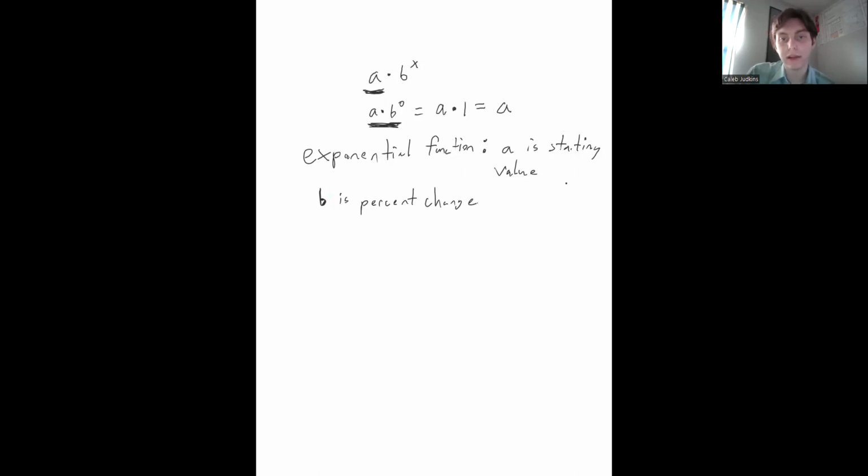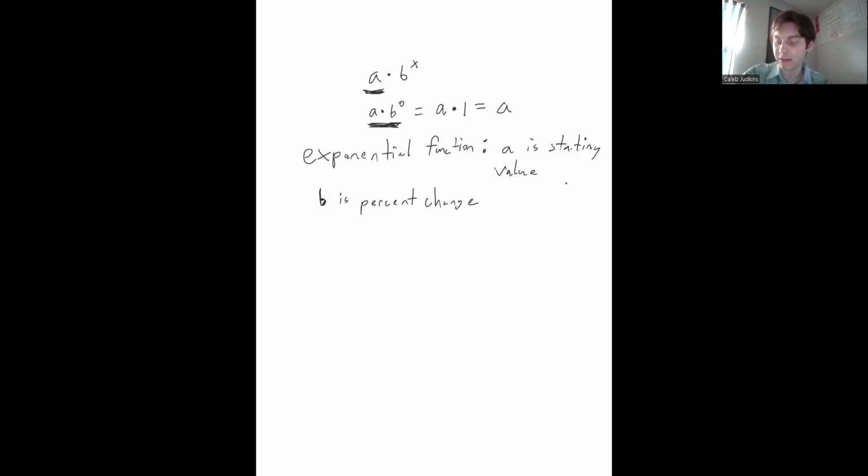Now we have to be a little bit careful as far as the context. So percent change as a larger, more vague idea is a percent of change as our outputs change.